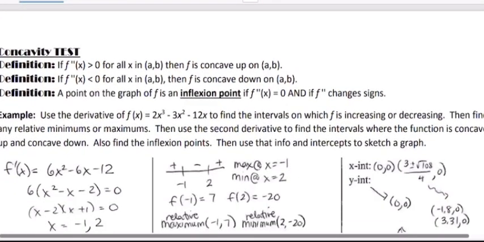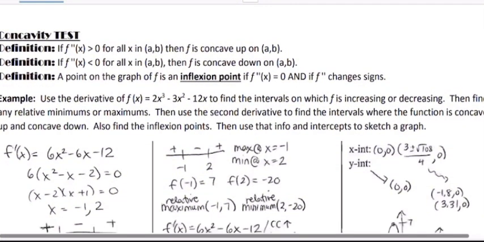Now, there's something I will call the concavity test. If I want to do concavity, I need a second derivative. If the second derivative is greater than 0 for all x in a particular interval, then we say f is concave up. When the second derivative is less than 0, we say it's concave down.